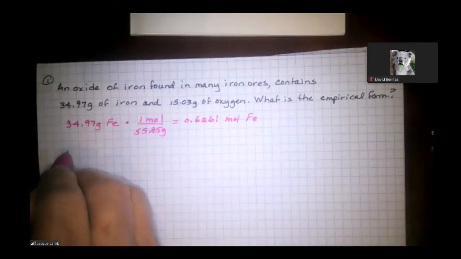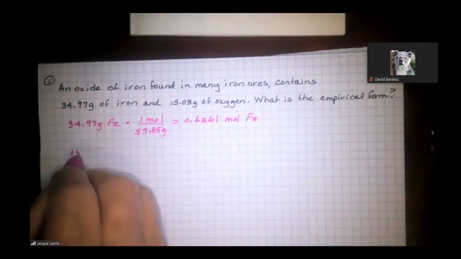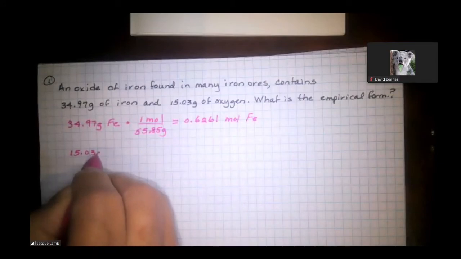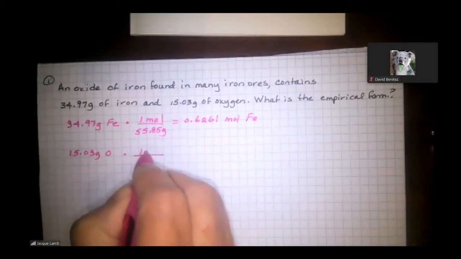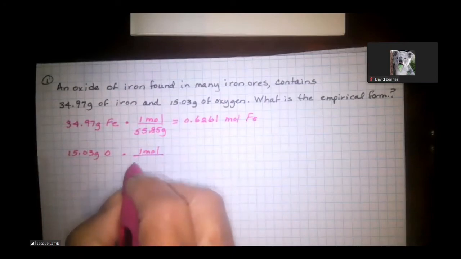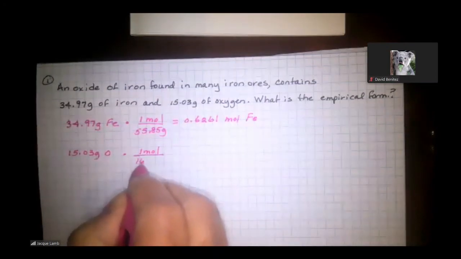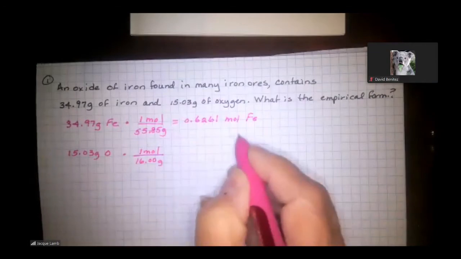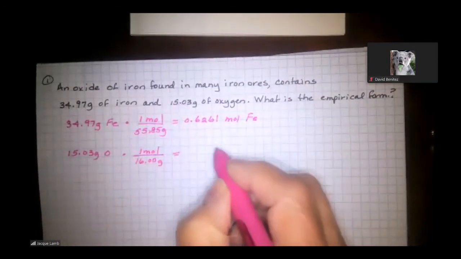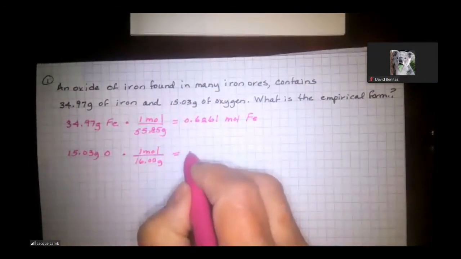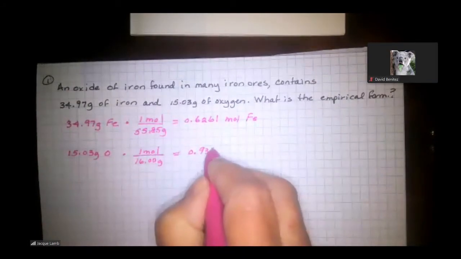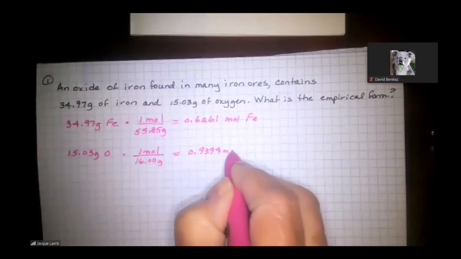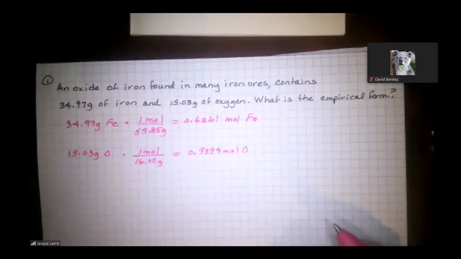Then I have another element, 15.03 grams of oxygen. 1 mole of oxygen is 16 grams. When I perform that division, I end up with 0.9394 moles of oxygen.